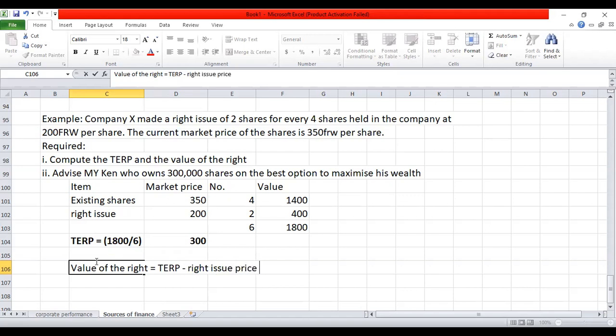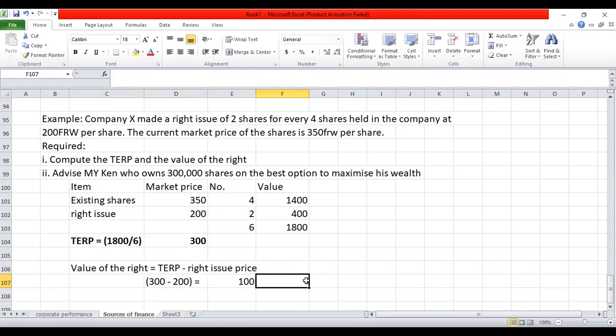You're going to get TAP minus the right issue price. So this is going to be, our TAP is 300 minus 200, which gives us 100. That is the value of the right. If you don't want to exercise, then you can sell your right at 100.